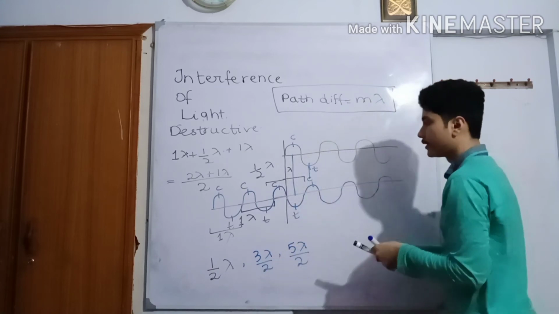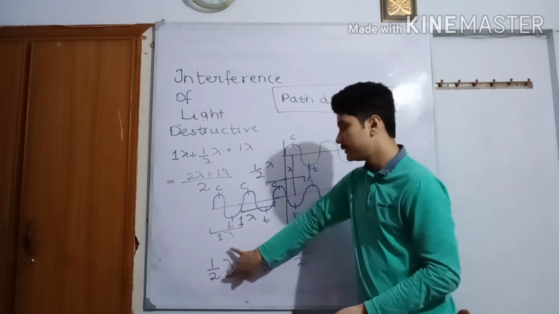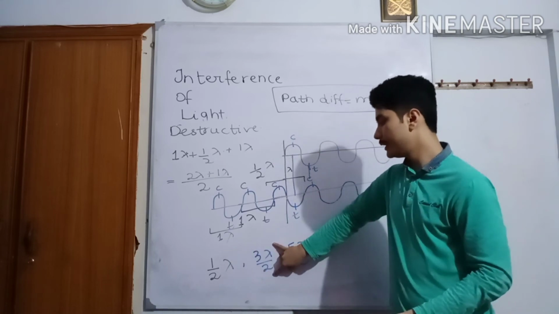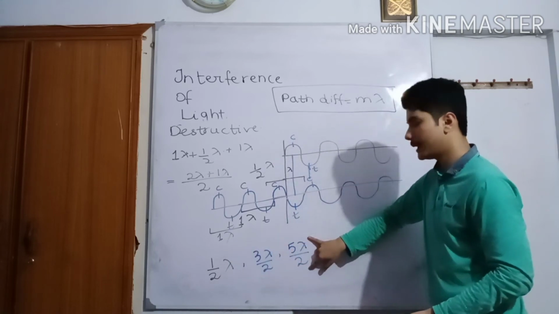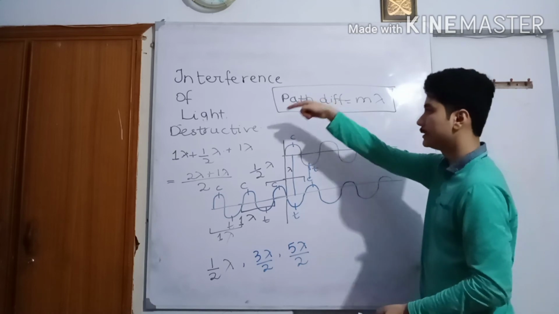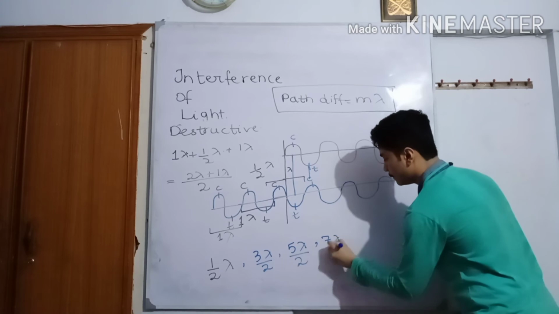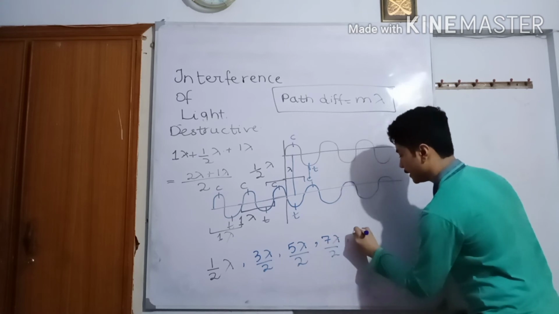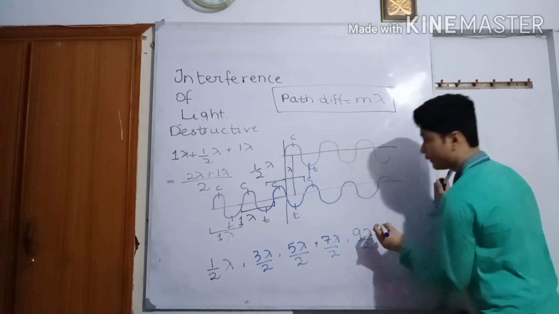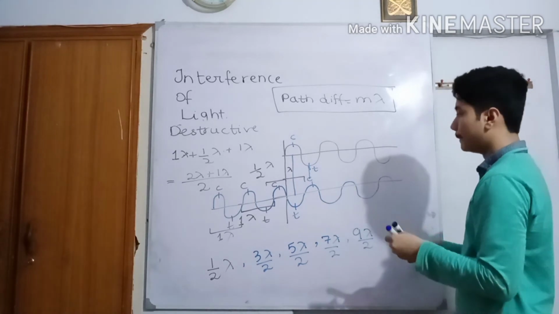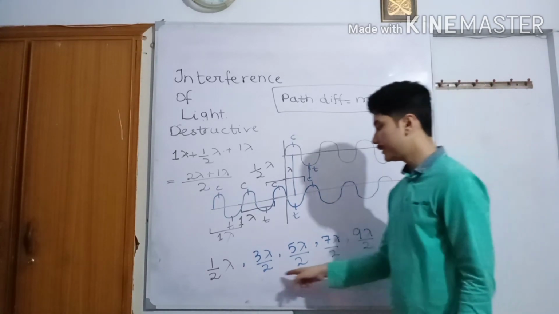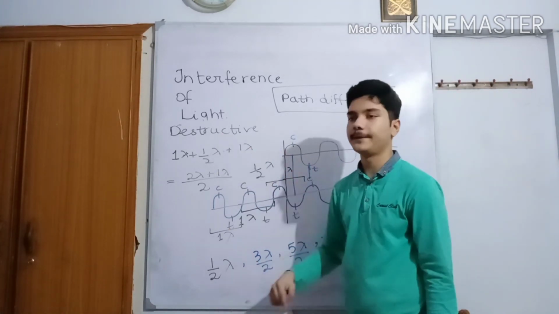As you can see, when path differences are half lambda, 3 lambda divided by 2, 5 lambda upon 2, the interference is destructive. When I say path difference is 7 lambda by 2, interference is destructive. When I say path difference is 9 lambda by 2, interference is destructive. What is happening? Basically, these are the path differences for destructive interference.